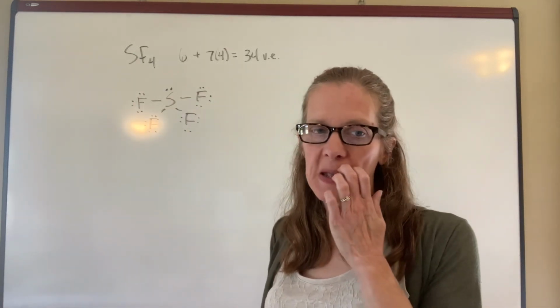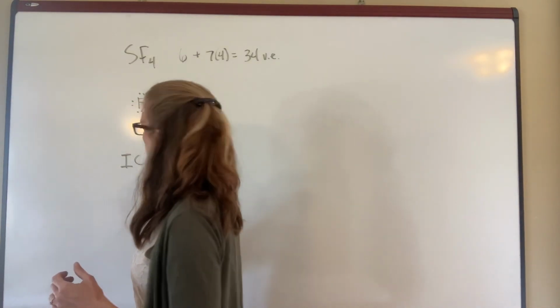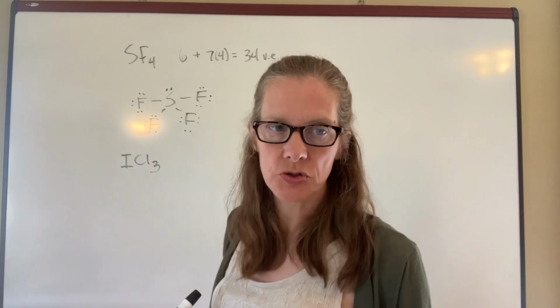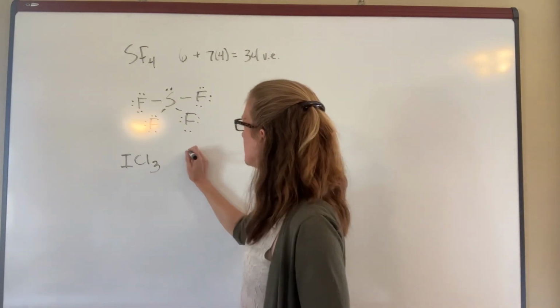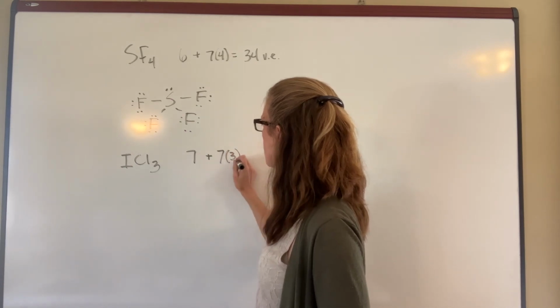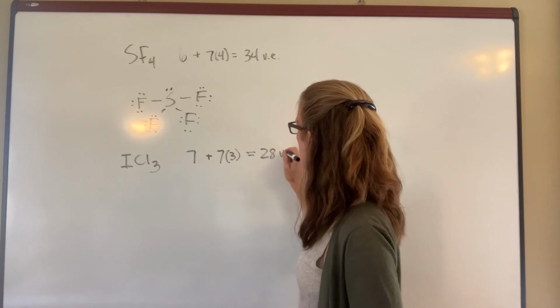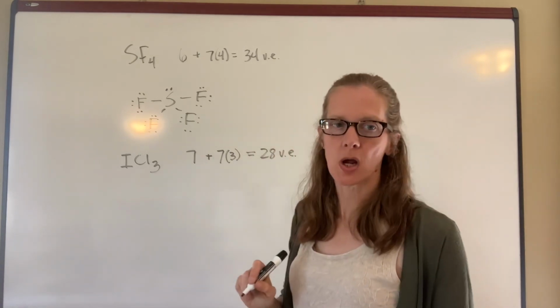If I look at ICl3, which is the next example that he shows you there, iodine has 7, each chlorine has 7, but there are 3 of them. And so that is going to make a total of 28 valence electrons.